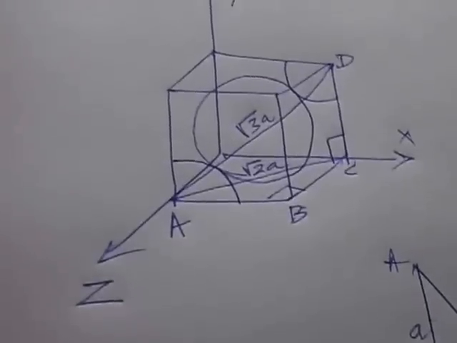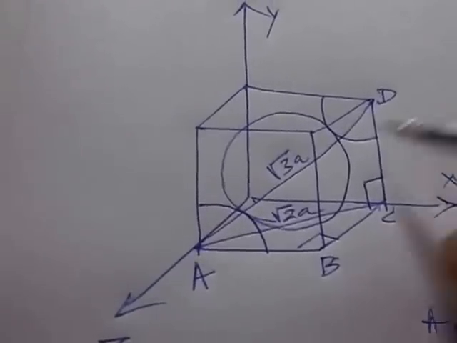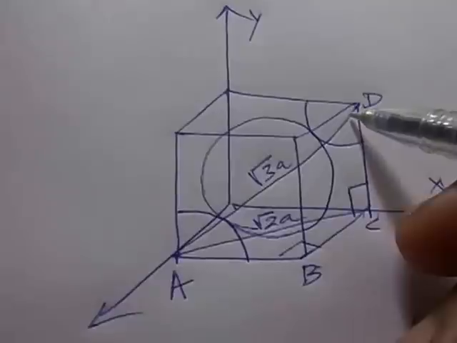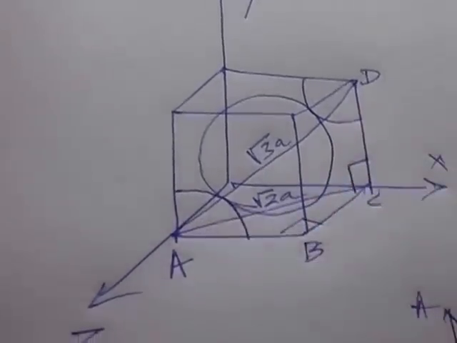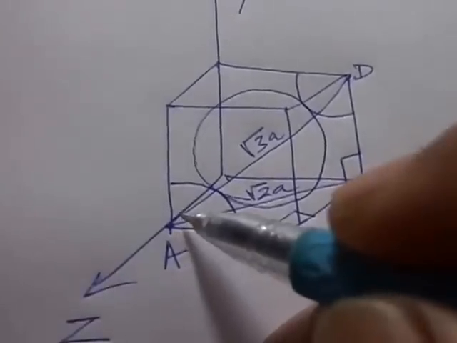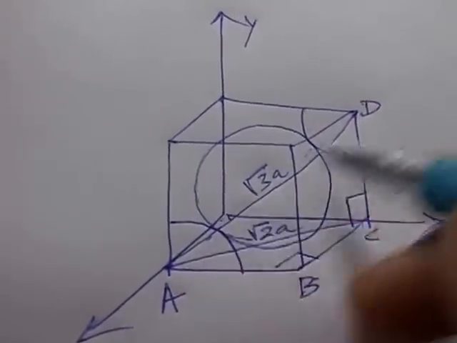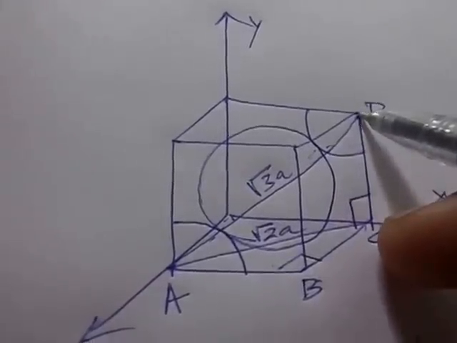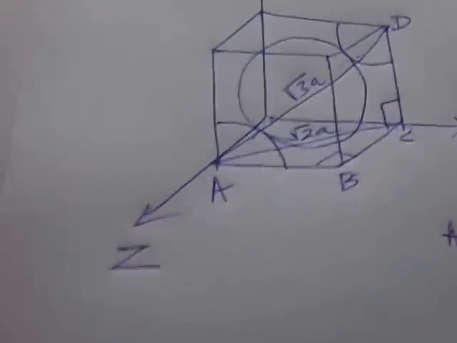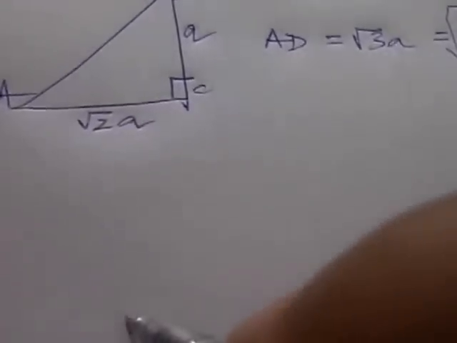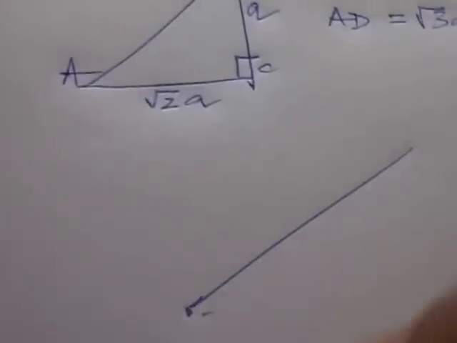Now in this figure we could see that distance AD is made up of an atomic radius here, the diameter, and again an atomic radius. So I mark the AD distance here.